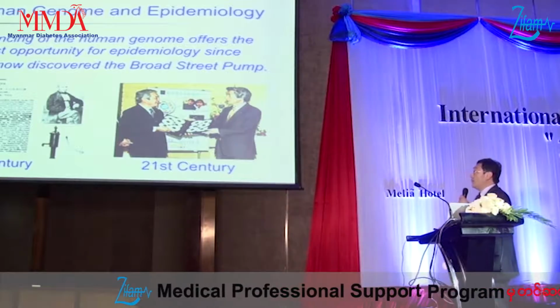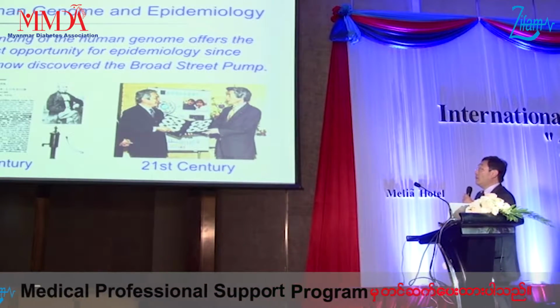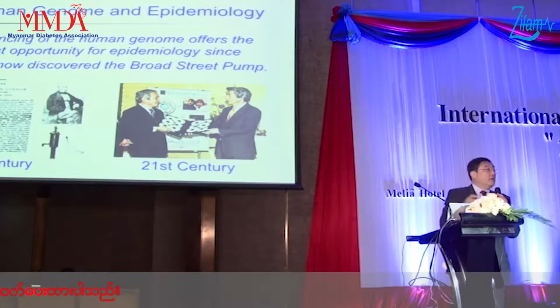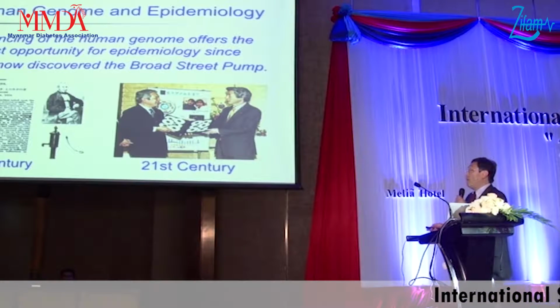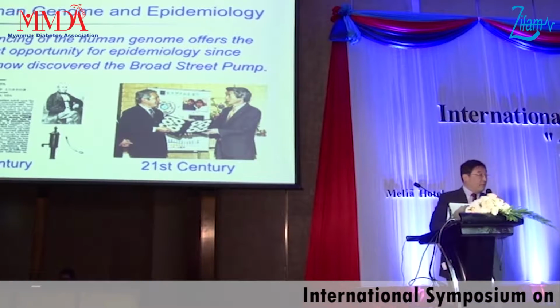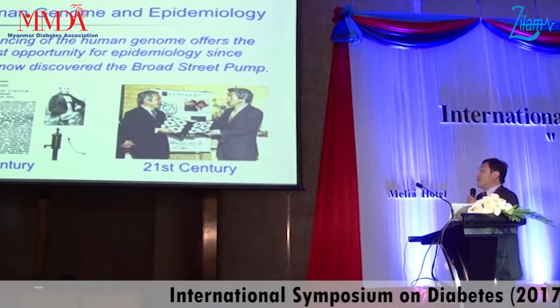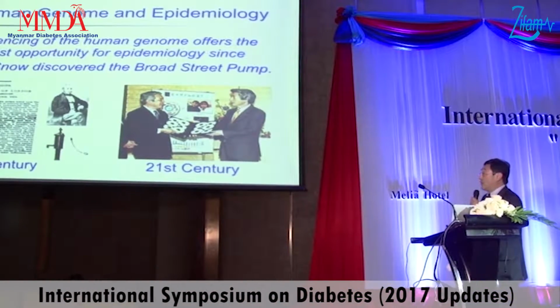But nevertheless, Dr. John Snow looked at the patients mapped on the London map and found out that those who were using this pump, which was actually contaminated with sewage, was the cause of the epidemic.